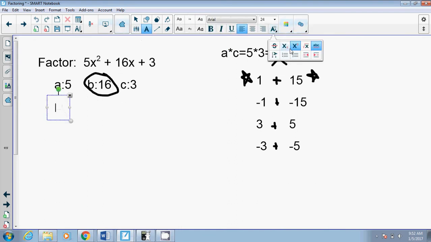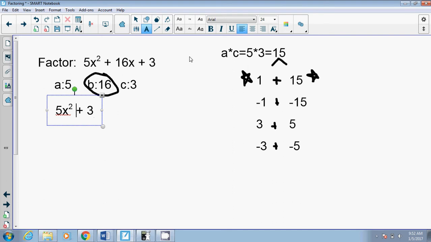So my first term of 5x squared stays the same. And my last term of 3 stays the same. But my middle term, 16x, changes to a positive 1x and a positive 15x.